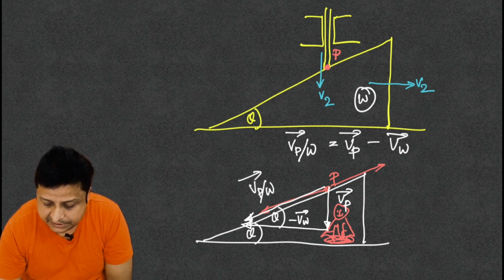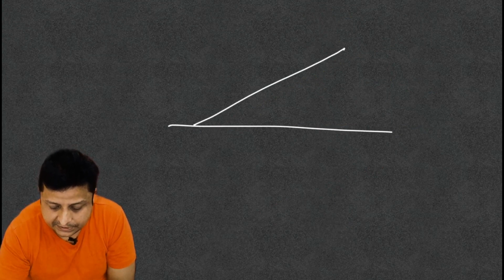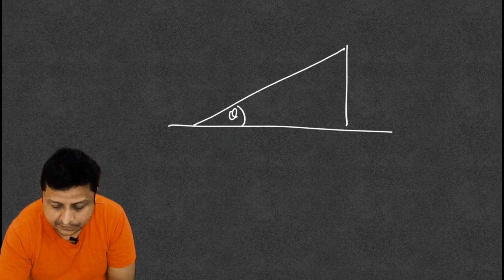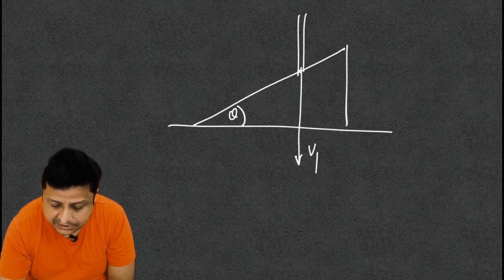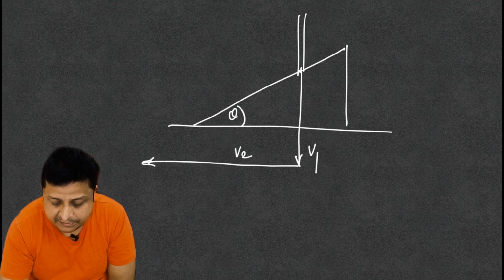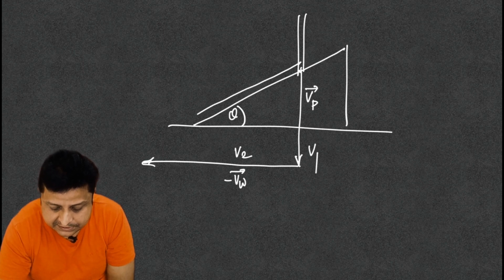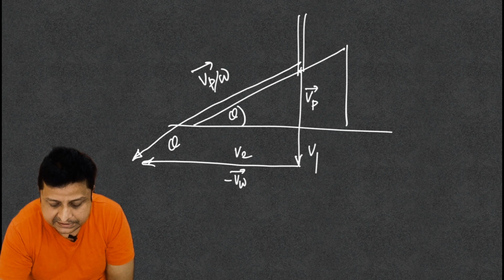Now अभी ये ट्रायंगल को फिर से देखते हैं हम लोग. रॉड का V1 है, वेज का इस तरफ ड्रॉ करता है V2 ना. Magnitude is V2, so this is Vp vectorially, this is minus velocity of wedge. Now this is the direction, velocity of P with respect to wedge, and this is theta.